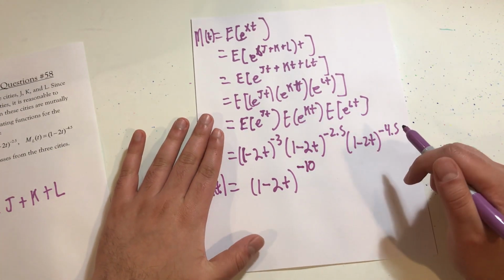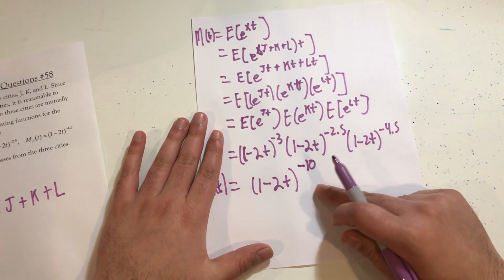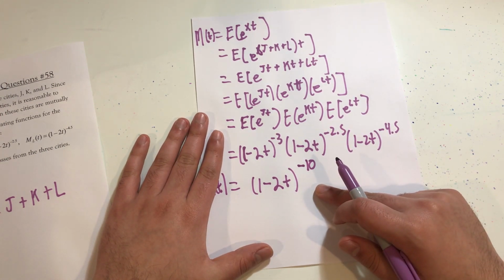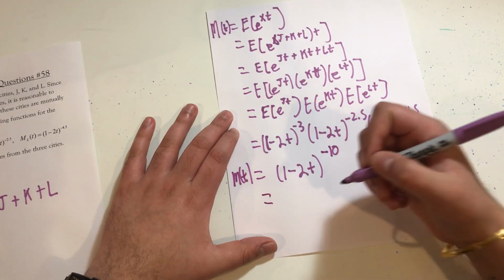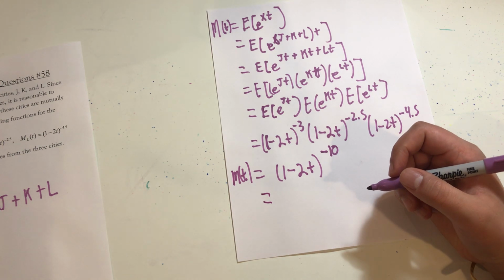Now, this is going to require chain rule because there's no way I'm opening up that parentheses with a negative 10 as my exponent. So let's see.